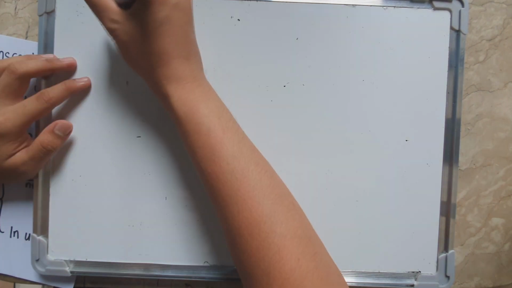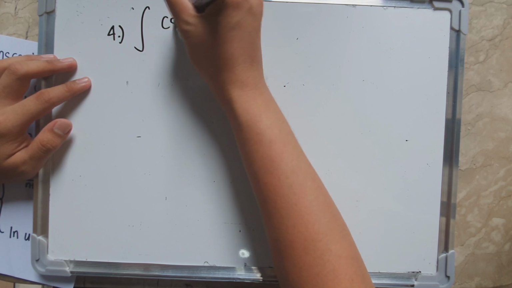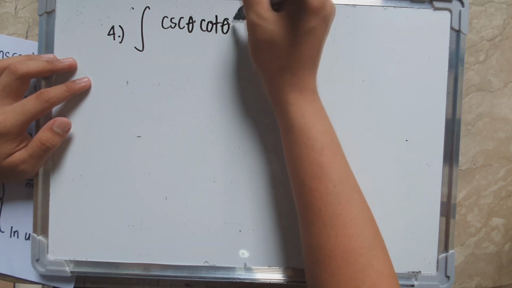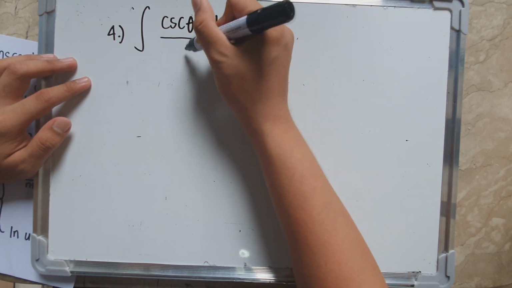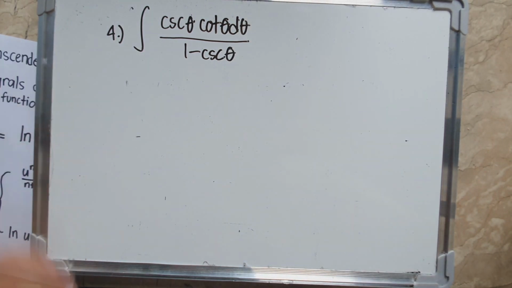Number 4. The integral of cosecant theta cotangent theta d theta over 1 minus cosecant theta. Again, for this topic, we will first check the relationship between the numerator and denominator.